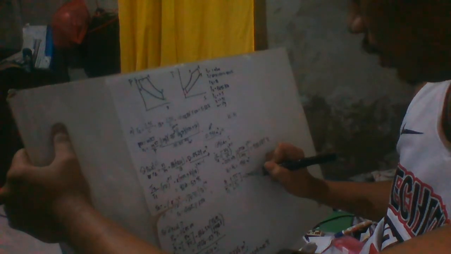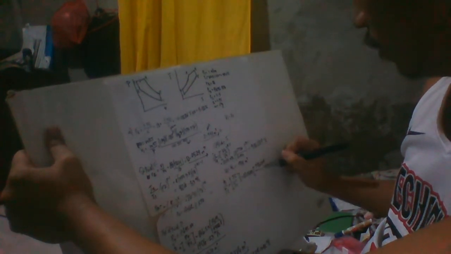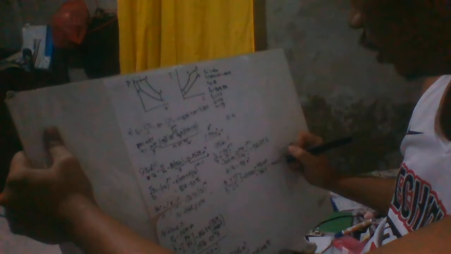We lack pressure 5. By the relationship again, pressure 5 over pressure 1 is equal to temperature 5 over temperature 1. So transposing the equation and substituting, P1 is equal to 101.325 kilopascal, times T5, 976.084, over temperature 1, which is 333.3 Kelvin.